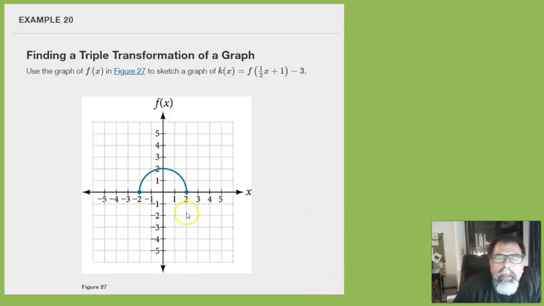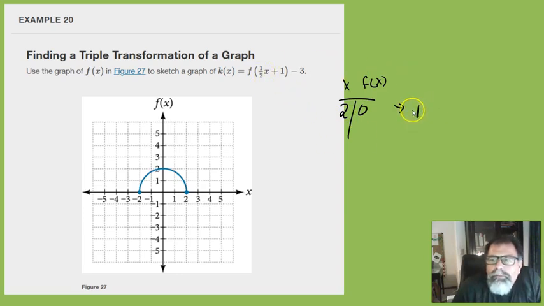So for the 1/2, that means we're going to shift it 1 unit, minus 1. So the point 2, 0: this is my x, f of x. I'm going to subtract 1 from the 2, which gets me to 1, and then multiply it by 2, which gets me 2.